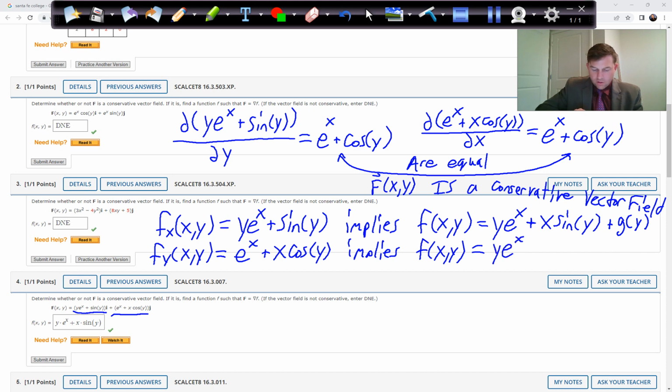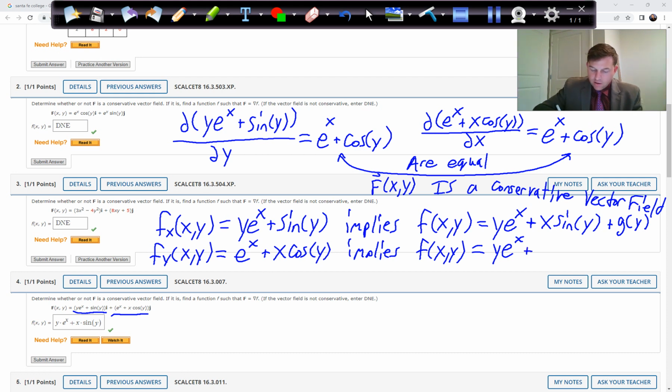So the only way we could have had an e^x left over after taking a partial derivative is if there was a y attached to that e^x, such that if I take the partial derivative right now, that y would go away and I'd be back to e^x on the left.